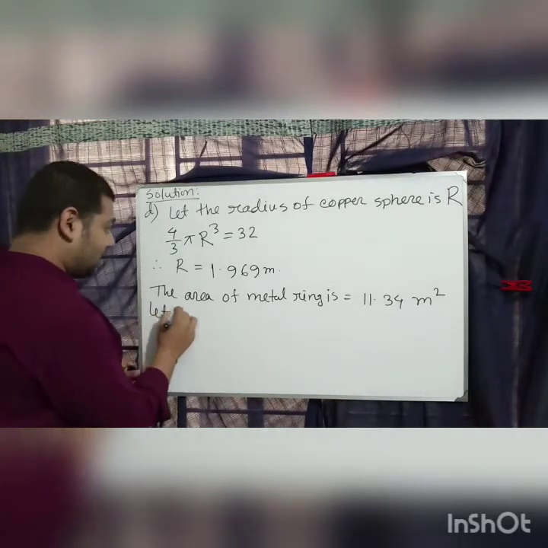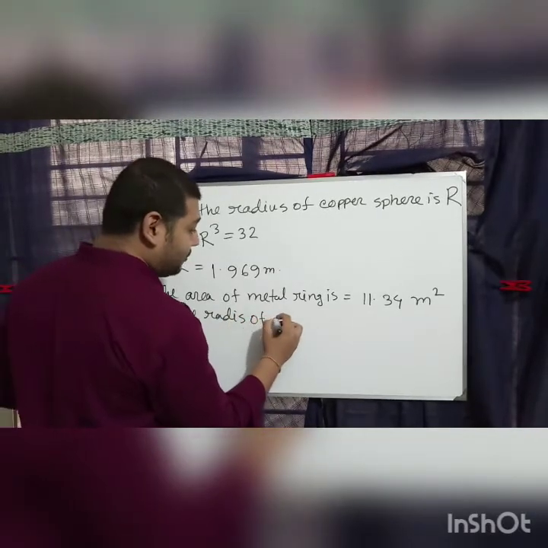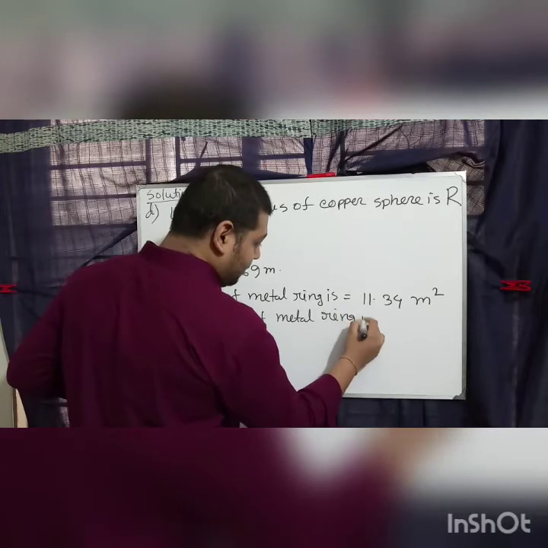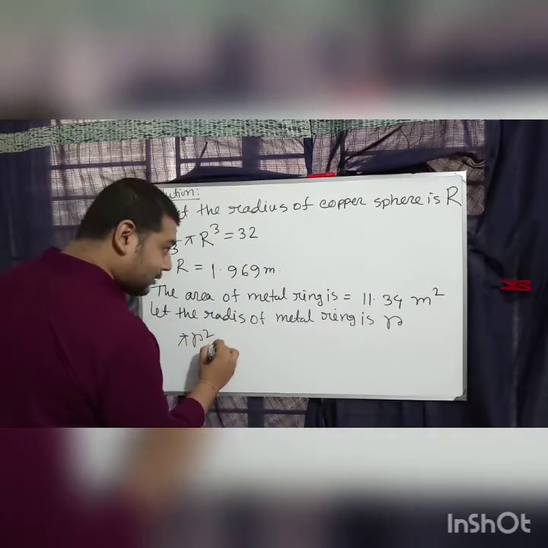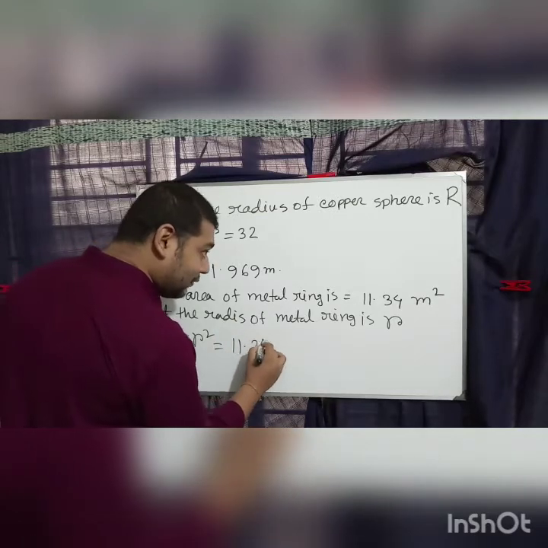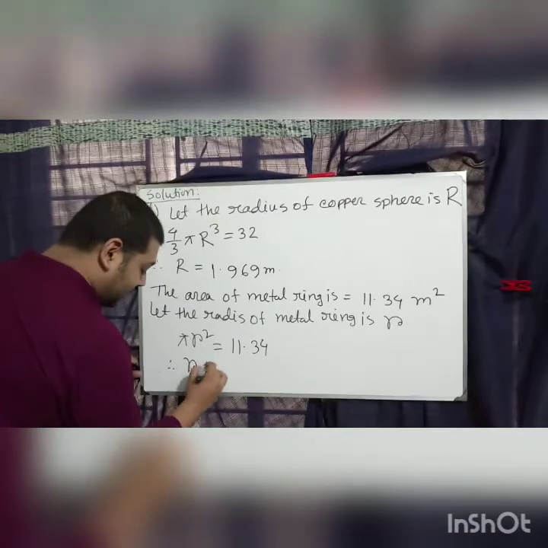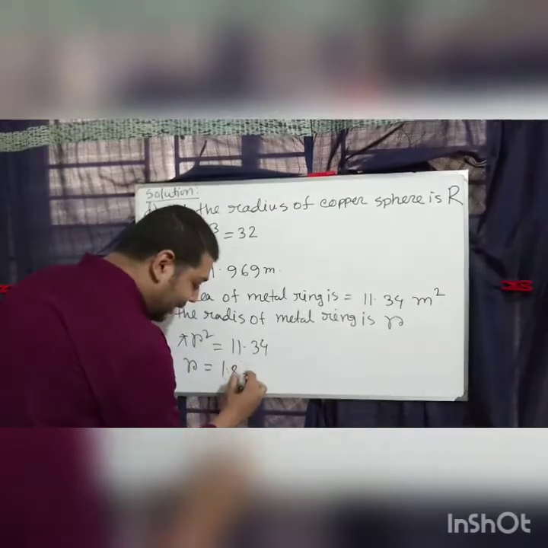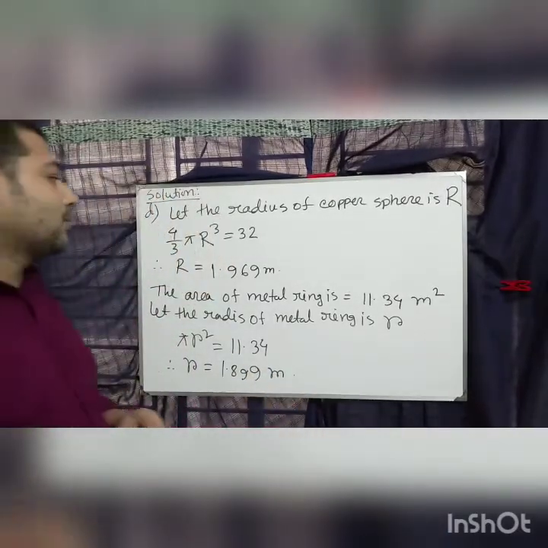Let the radius of the metal ring be small r. So we can write pi r square equal to 11.34 meter square. From this we get r is 1.899 meter.